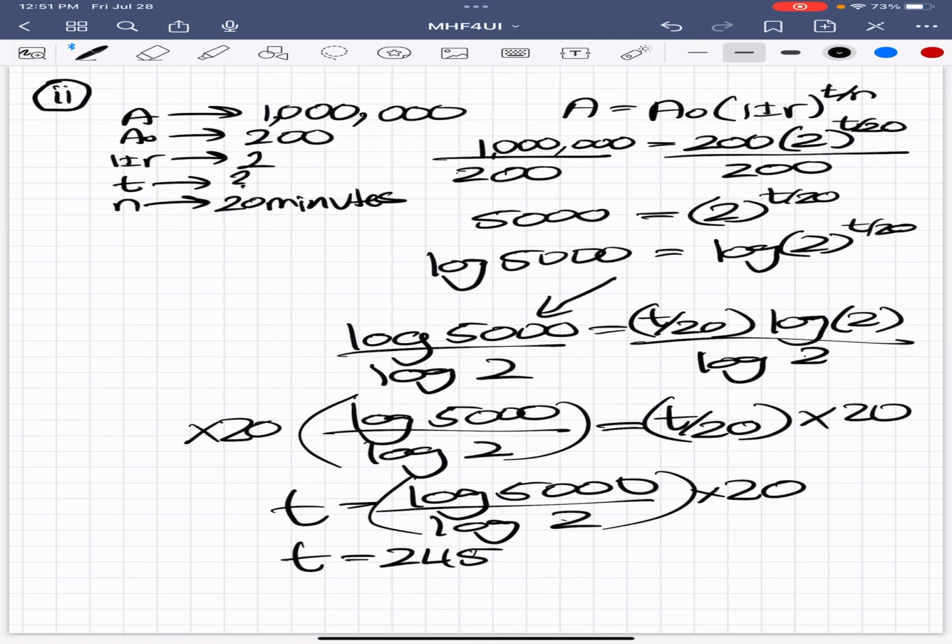If you plug the last line that we just wrote into your calculator, you should get 245.7542476 minutes.